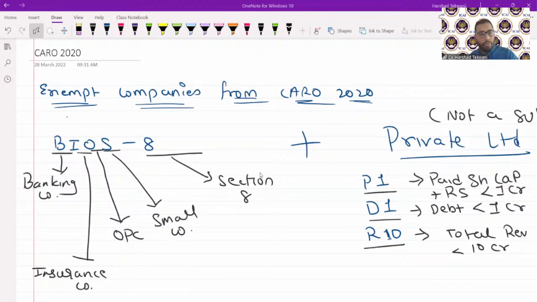So from the plain reading, it talks only about a banking company, not the NBFC. So for the NBFC, it will still be applicable. The exemption is only for companies defined under Clause C of the Banking Regulation Act, which is banks or financial institutions. If you see the definition, it includes banks.